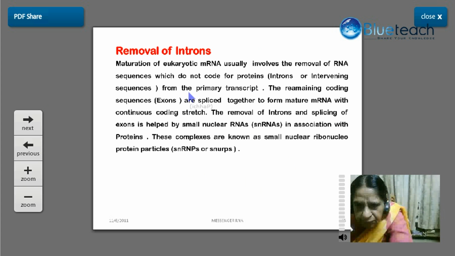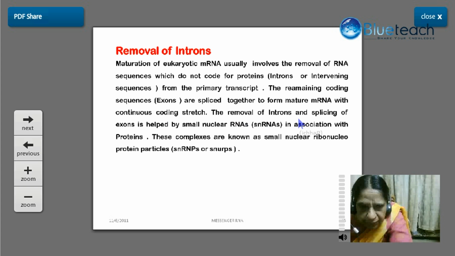Removal of introns. Maturation of eukaryotic messenger RNA usually involves the removal of RNA sequences which do not code for protein, introns or intervening sequences, from the primary transcript. The remaining coding sequences, exons, are spliced together to form mature messenger RNA with a continuous coding stretch.